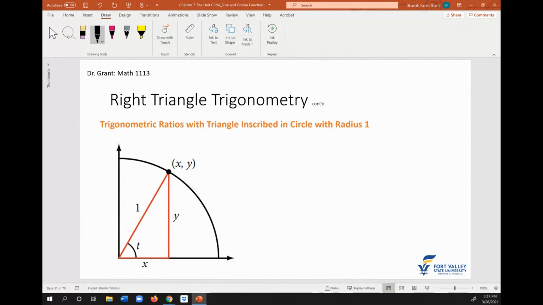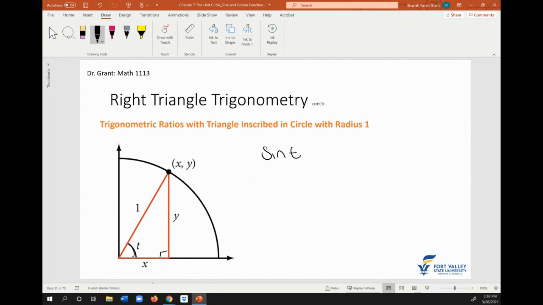Now, let's say we were to inscribe a right triangle in a circle with radius 1. We can find the trigonometric ratio using this exact triangle. So you can apply the trigonometric ratio to any triangle. Let's say we wanted to find sine of t. So here's my angle t.